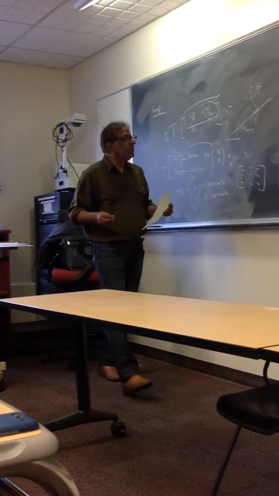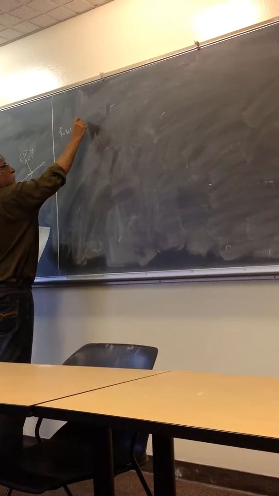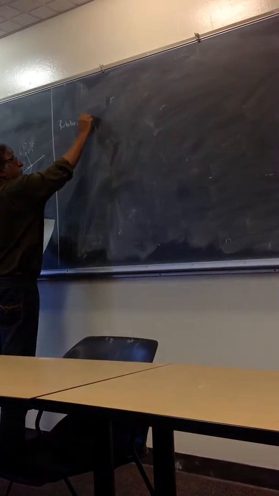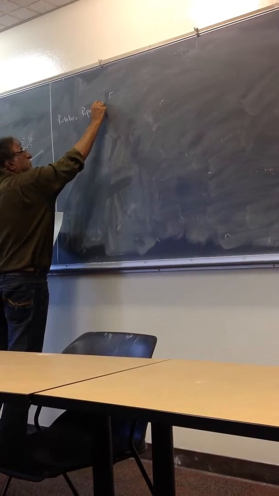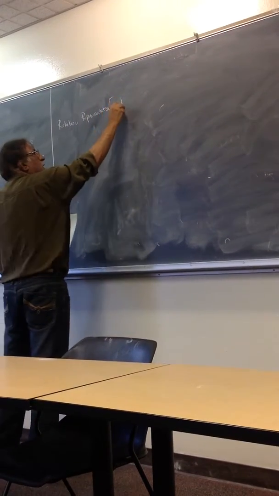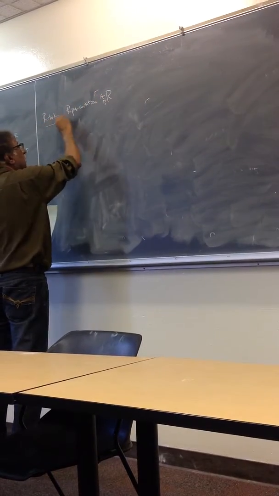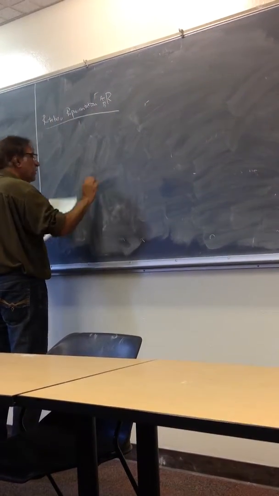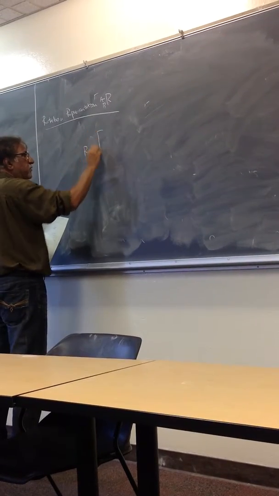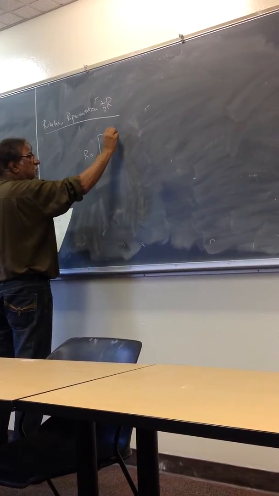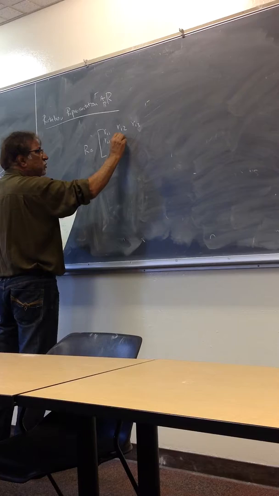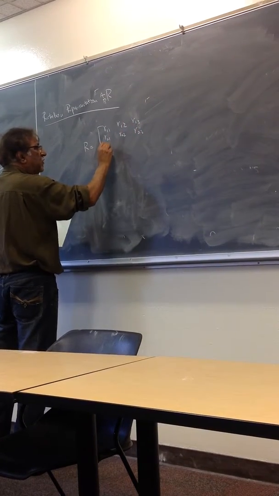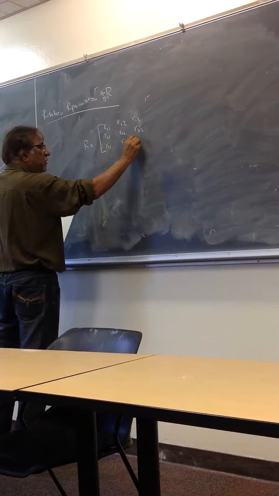So we said that the rotation representation R B to A, we could write as this matrix of R11, R12, R13, R21, R22, R23, R31, R32, and R33, right?